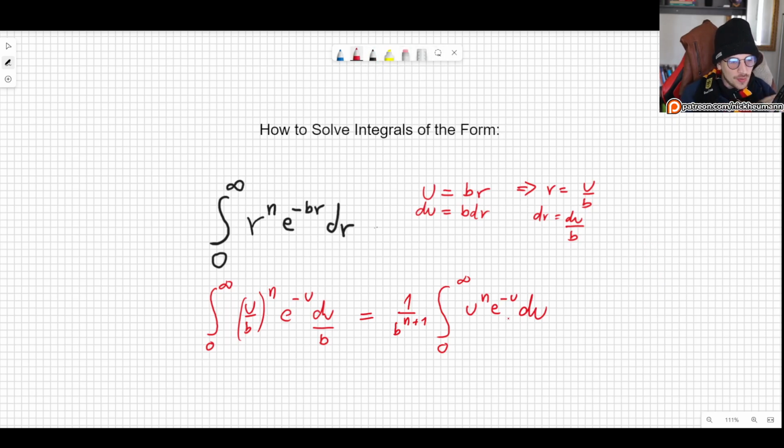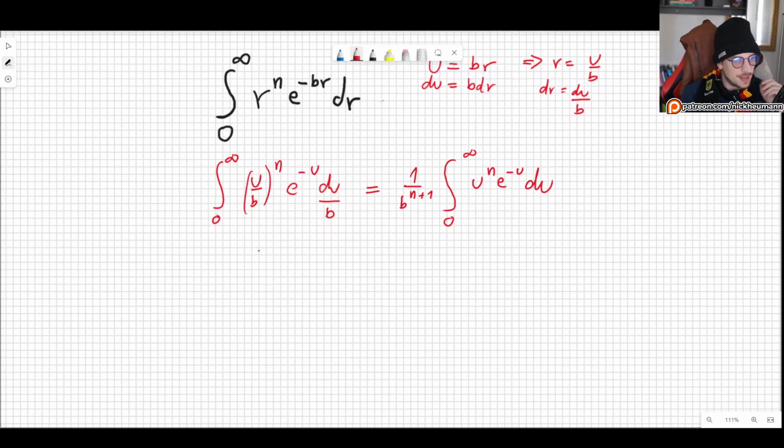Now we want to solve that integral, and to do that, we are going to integrate by parts. Let's call I this integral right here. Let's define our variables. I already used u, and I don't want to use it again, so let's say v.